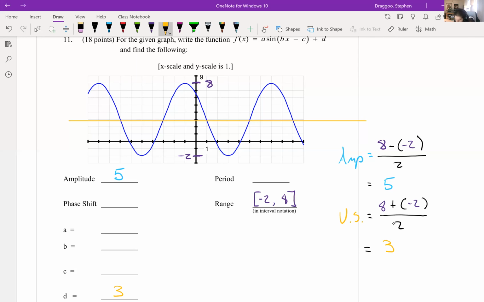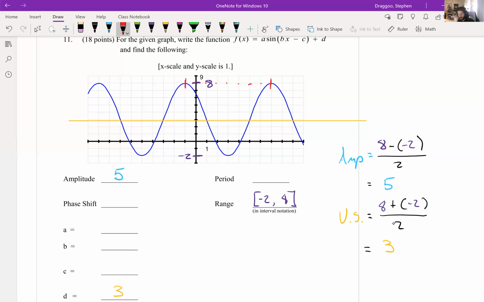So what do we want to get next? How about the period? Because that we can still read from the graph. The period will be the distance in between those two red lines. And let's see, that is 1, 2, 3, 4, 5, 6, 7, 8.